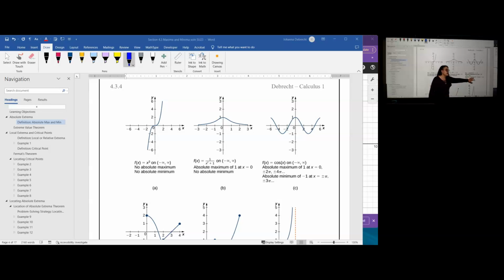There's an absolute minimum of -1, which occurs at every odd multiple of pi. Again, there's only one absolute maximum value. That's 1, but it occurs infinitely often. Absolute maximums and absolute minimums are single values that can occur many, many times.